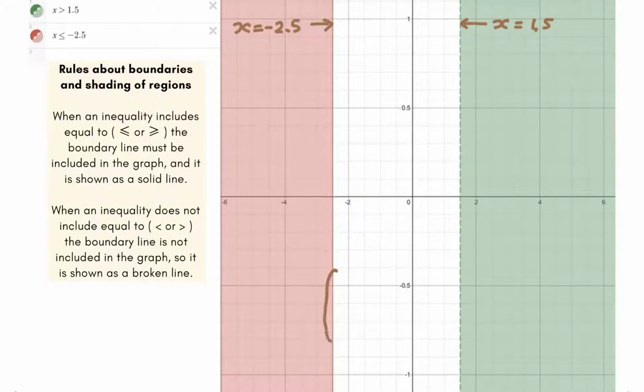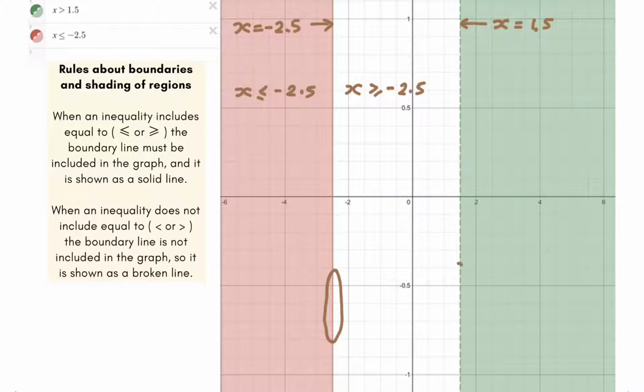This is a solid line, so the inequality for this region would be x less than or equal to negative 2.5, and the other side of the line would be x greater than or equal to negative 2.5.